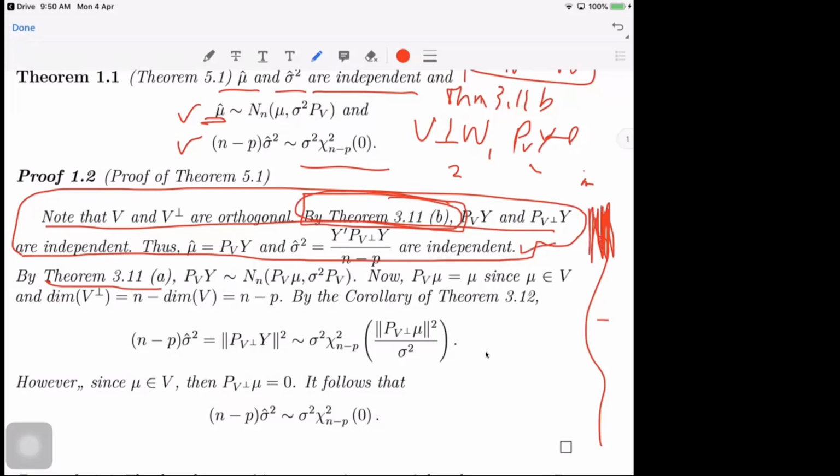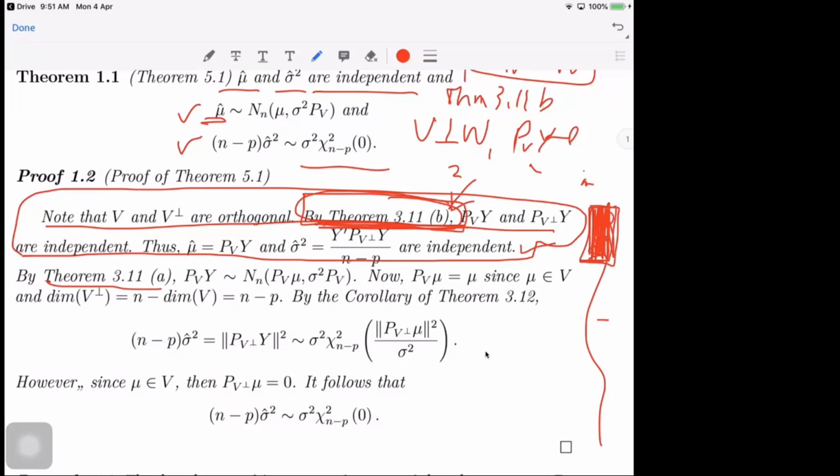This is a short proof, but when you are asked in an exam to prove that, you have to show first theorem 3.11b. Do you understand? So you have to go first in the process of showing 3.11b.